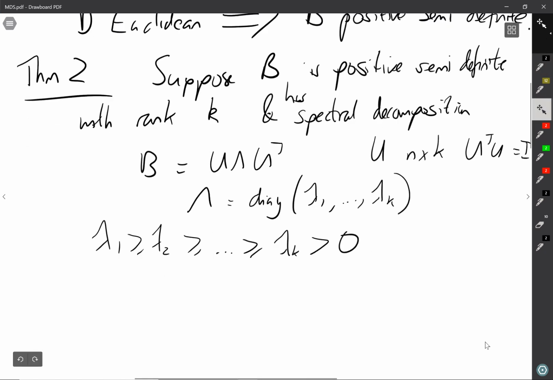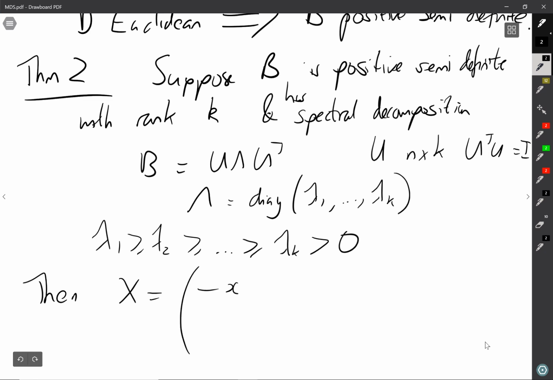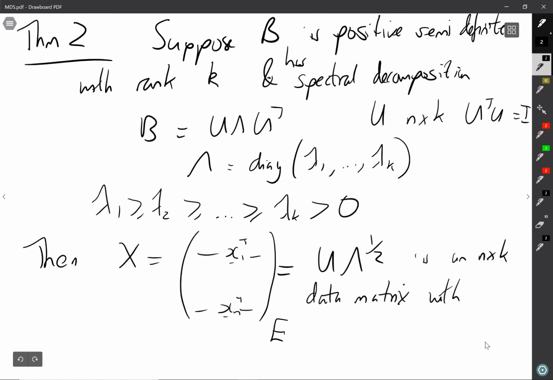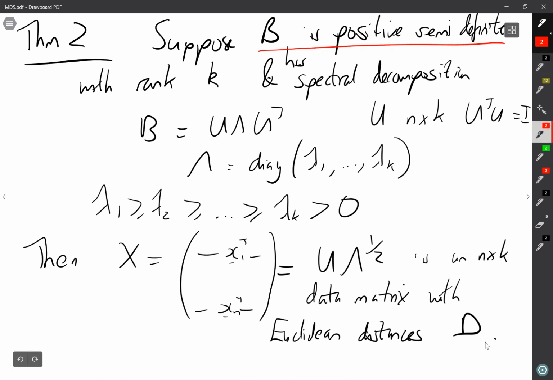So the theorem tells us how to form an X. Then X, which is made up of rows x1 down to xn, equal to U times the square root of lambda, is an n by k data matrix with Euclidean distance D. We started by assuming that B is a positive semi-definite matrix with rank k.